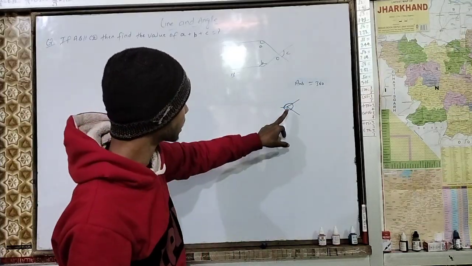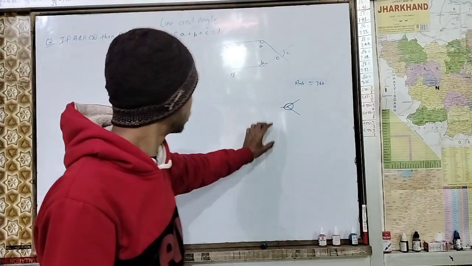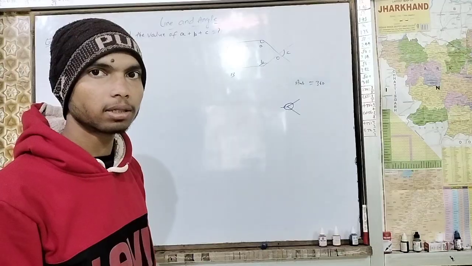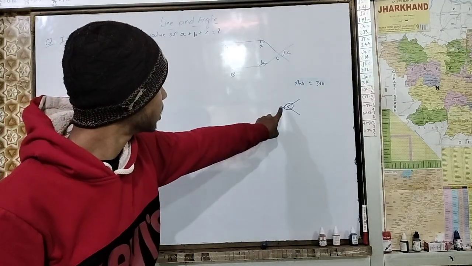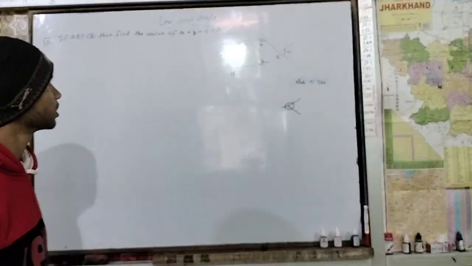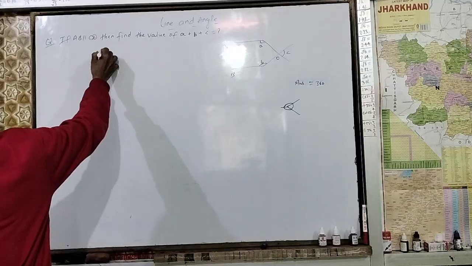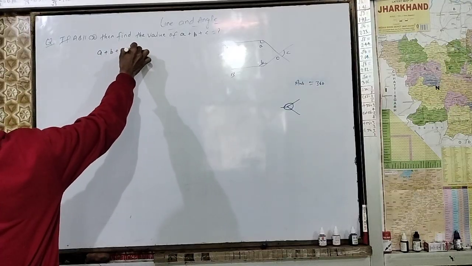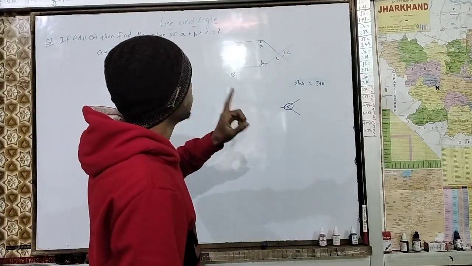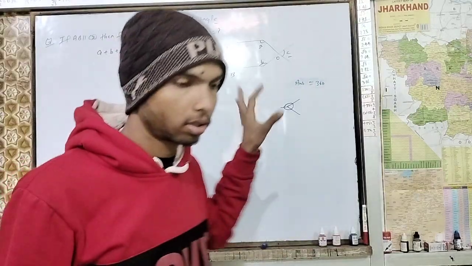Don't you think it is making a complete angle? Are you not observing? It is making 360 degrees, a complete rotation. That was the reason. A plus B plus C will be equal to 360 degrees, because to complete 360 we have this angle, this angle, and this angle.